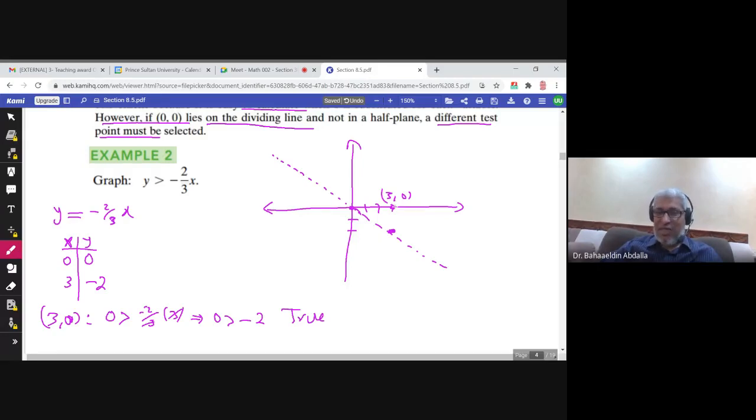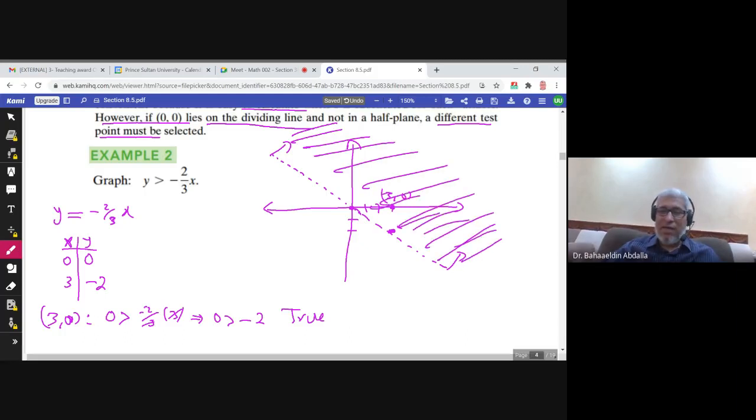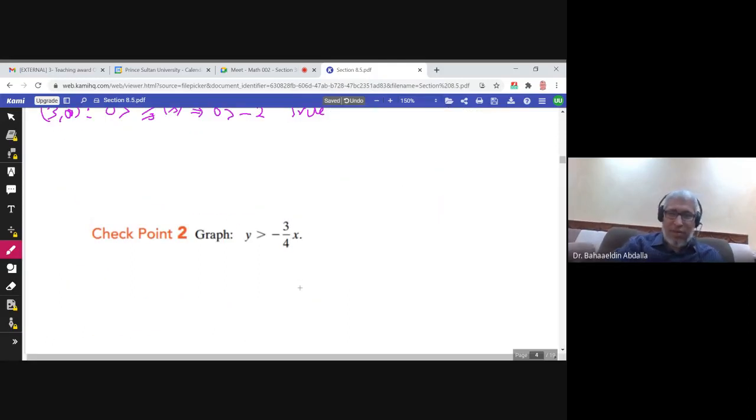The answer is the half plane that contains this point. So this is the answer. This half plane is the graph of this inequality, and the line is not in the solution in this case. So that's the graph of this inequality. So please do this one.